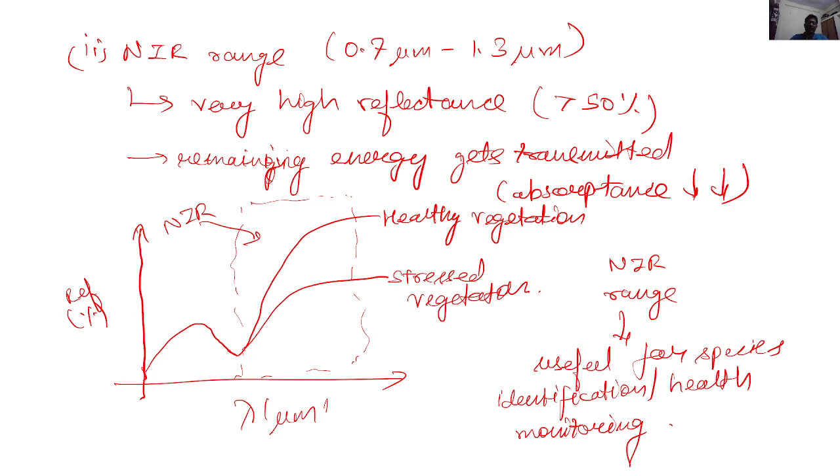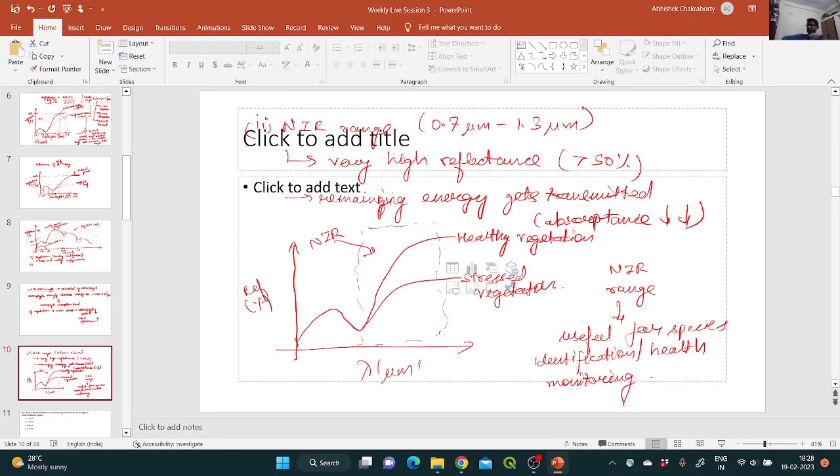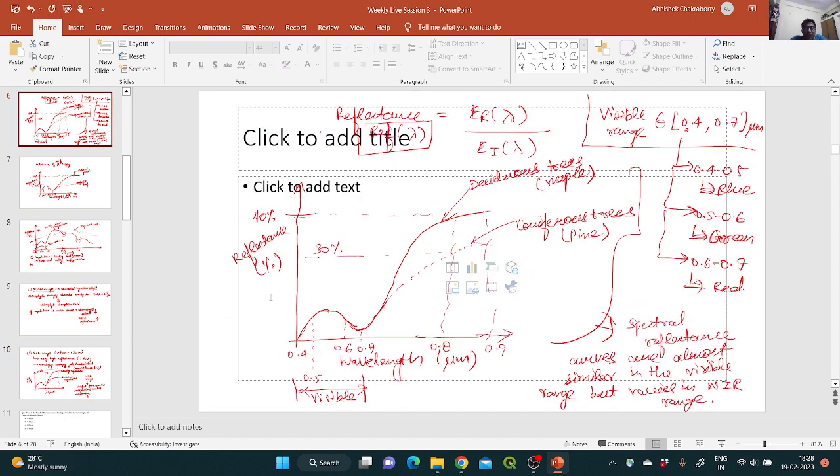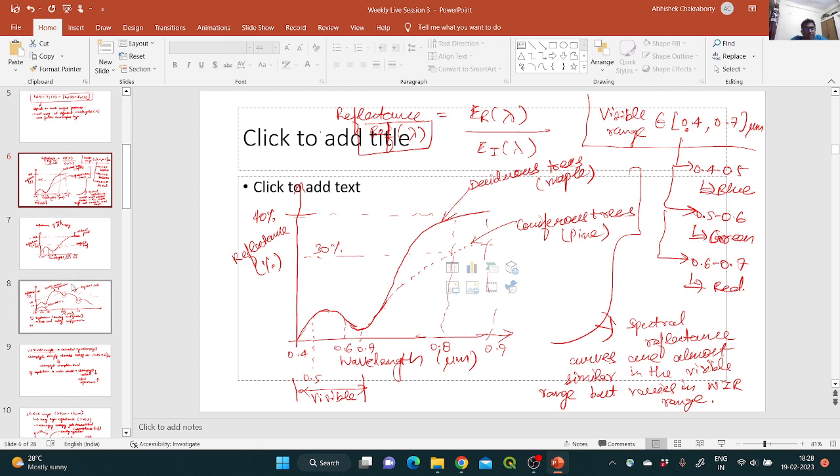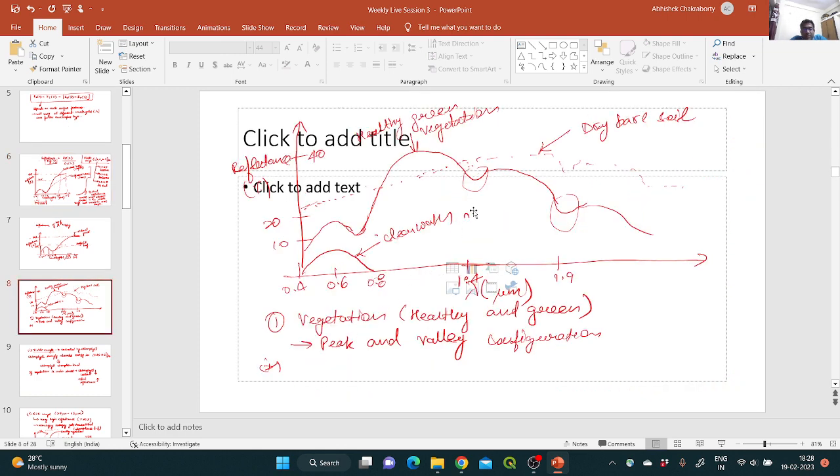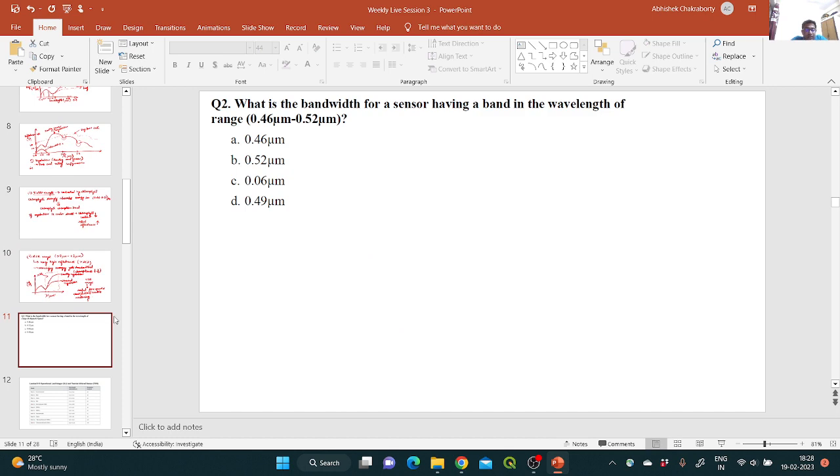Now coming to the third distinct wavelength pattern, which happens beyond the 1.3 micrometer range. Beyond this, it again shows some typical dips in the vegetation curve. By the way, what might be the reason behind it? Let's see.